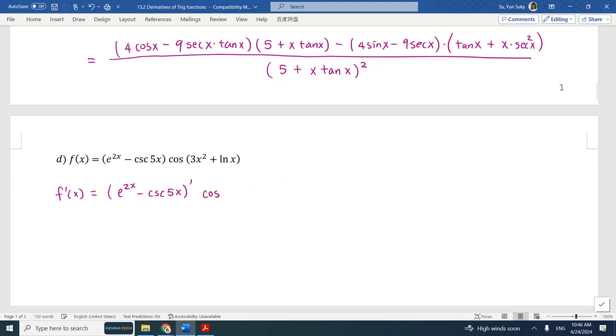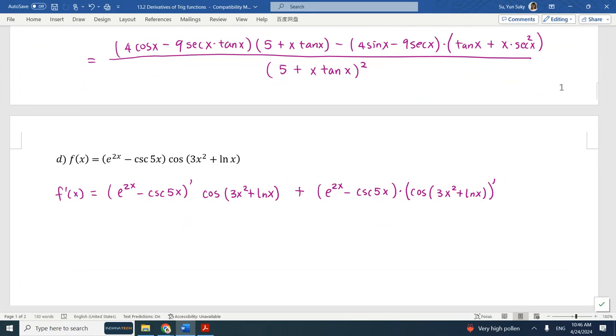U prime V. And then plus or minus. Plus U. So we copy down the U. Times V prime. So write down the V and then prime.